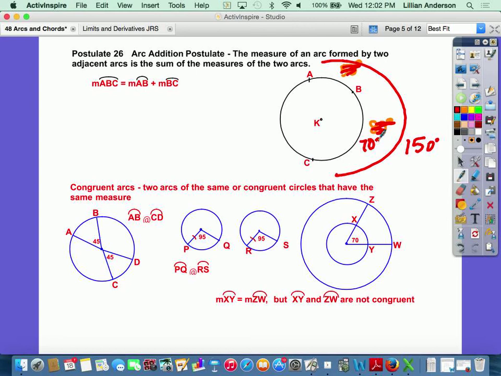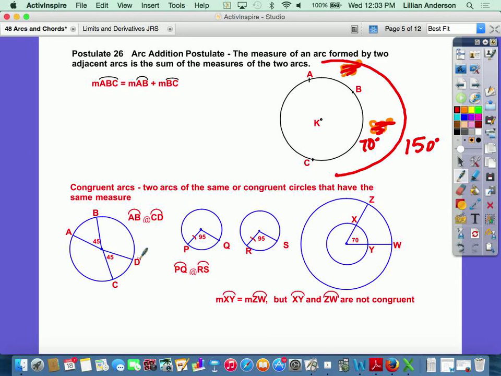Congruent arcs clearly are 2 arcs of the same or congruent circles that have the same measure. So if 2 central angles are congruent, that means their arcs are congruent. You see right here in this example where it's both 45? Same concept applies. So that means that arc AB would be congruent to arc CD, even when they're not in the same circle.